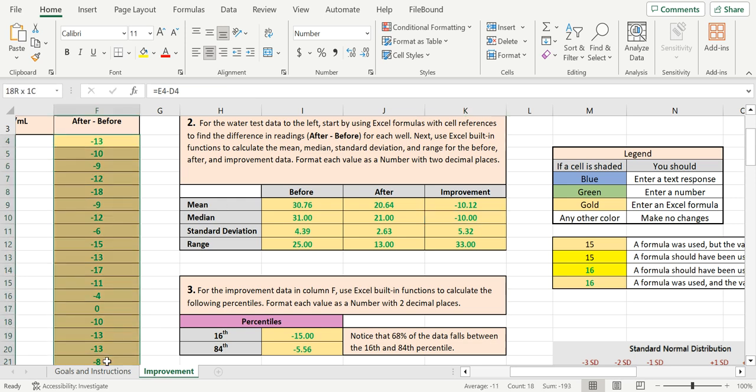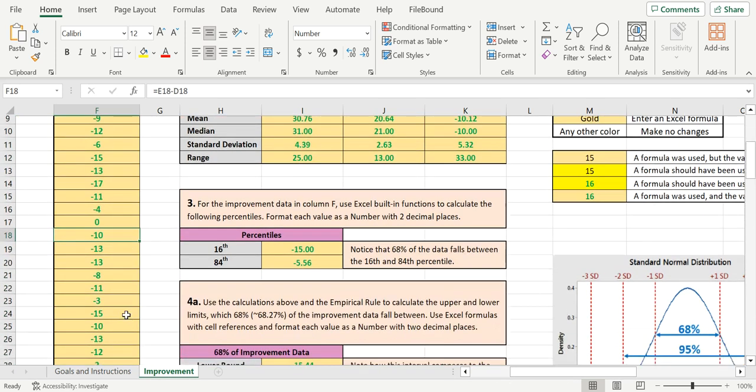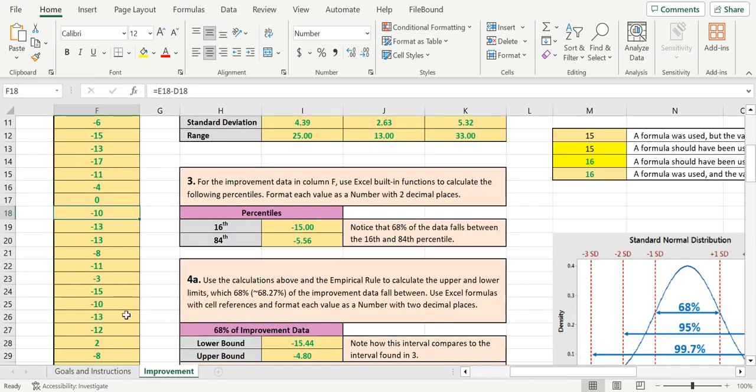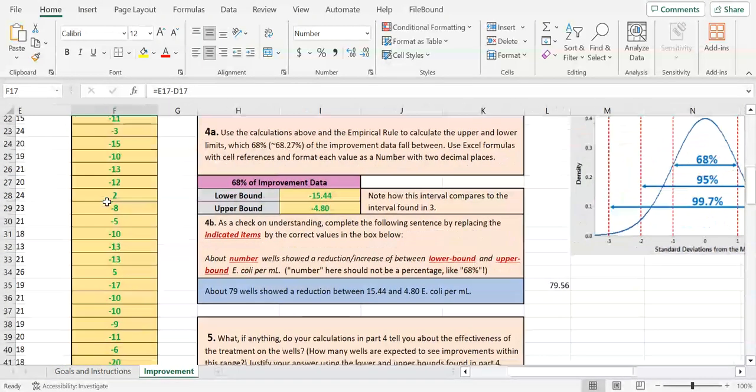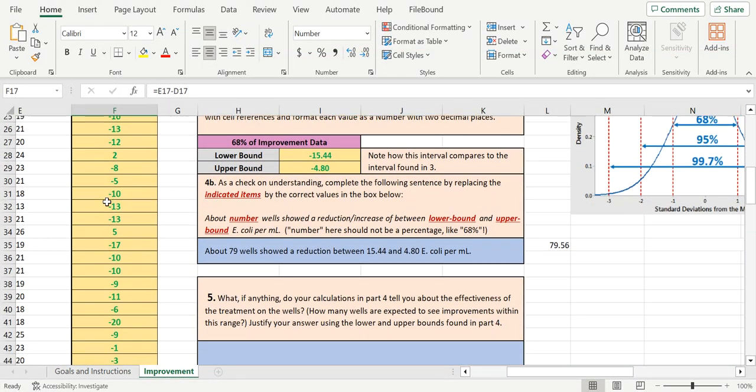If you look at column F, all of these values are negative or they're 0. So that is telling me that the treatment is working. It's not working for every single well, because I do have values that are 0. So some wells didn't change, but in a majority of my wells, I can say the treatment is effective.